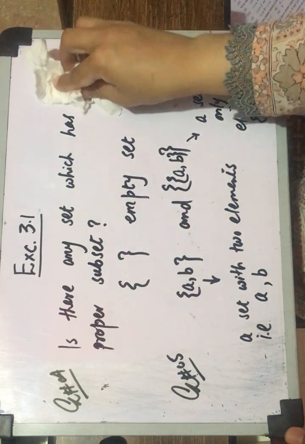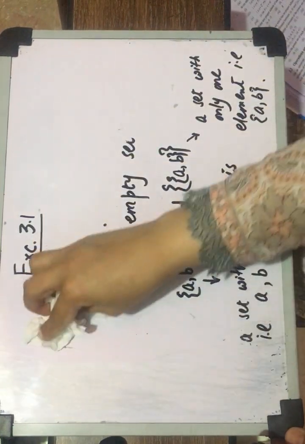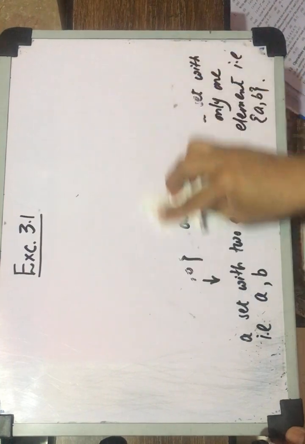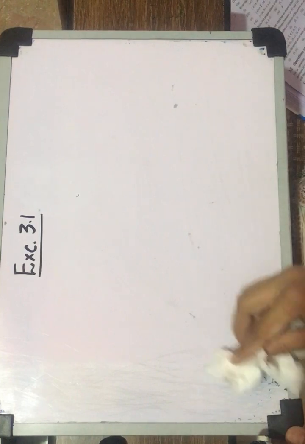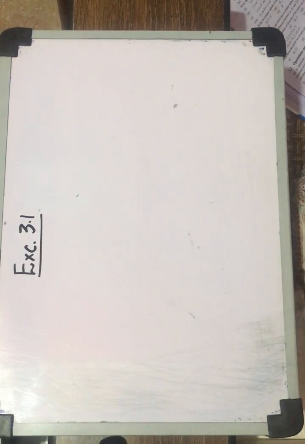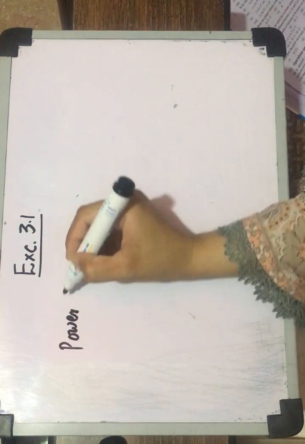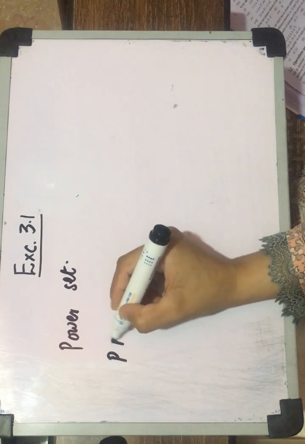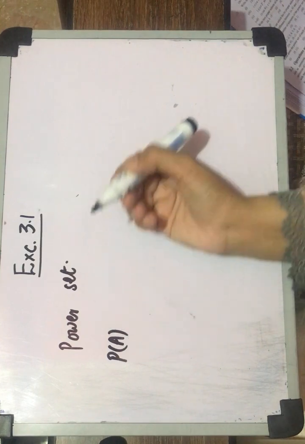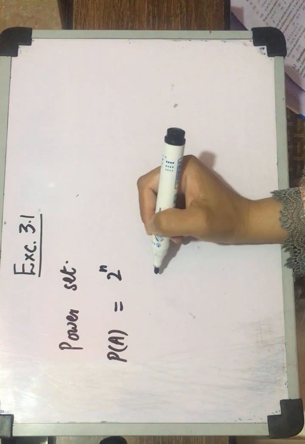Okay, next we have question number 6. In question number 6 we have to show all the power sets of the following sets. Okay, what is a power set? Power set is represented by P of A, where A is any set. The number of power sets of A is equal to 2 raised to power n.